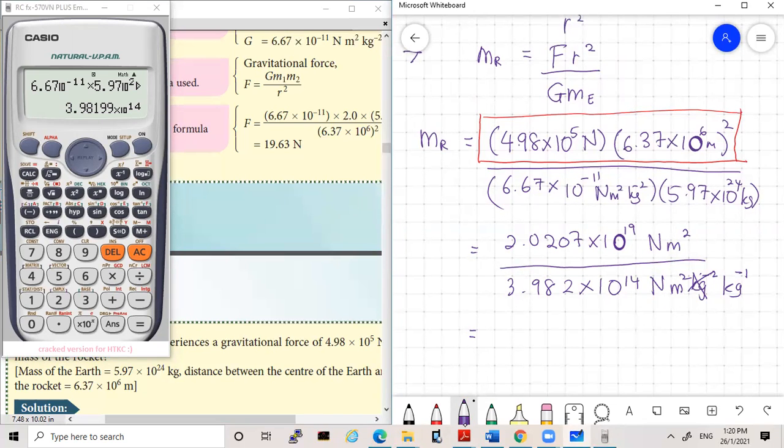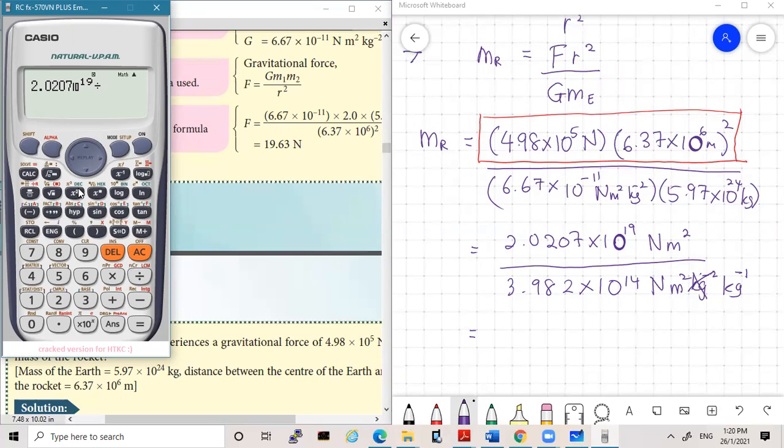So again, take out your calculator. This is our last answer. So you just write this number, 2.0207 shift 10 to the power of 19, divided by this number, which is our last answer.